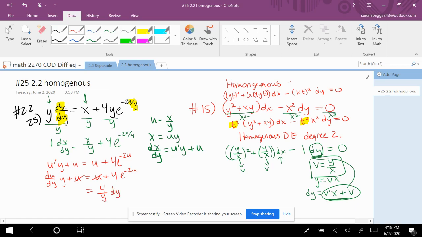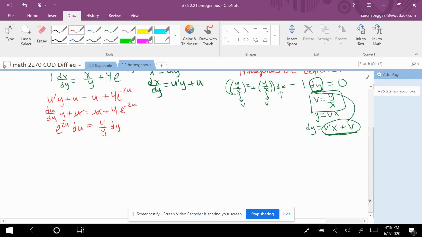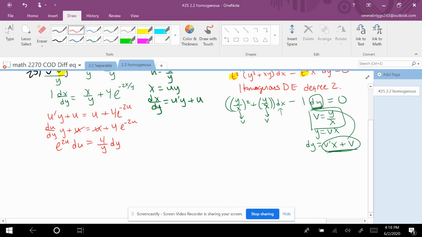I can multiply both sides by e to the 2u, or divide both sides by e to the negative 2u, and I have e to the positive 2u du. Integrating both sides, and remembering to insert the plus c, gives me 1/2 e to the 2u equals 4 natural log of the absolute value of y, plus c.